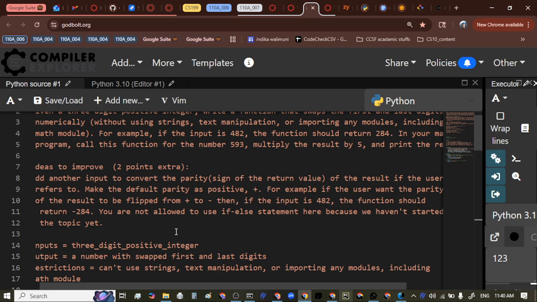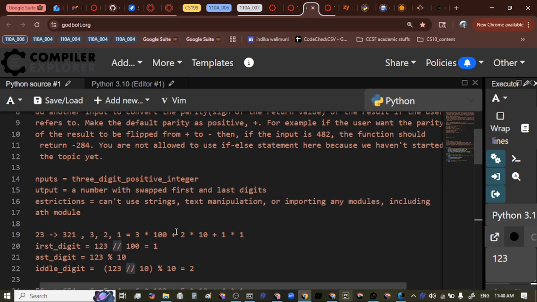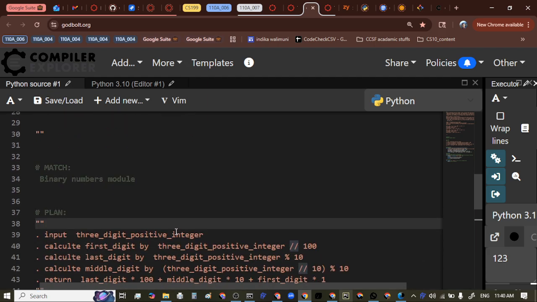Let's say I want to flip the sign of 123, it should return negative 321. So I simply multiply the output by negative 1. But I want to make the default positive, so we don't flip the sign.